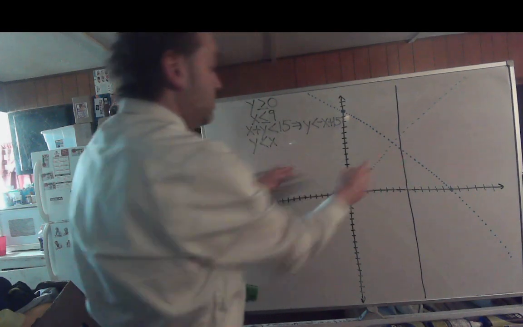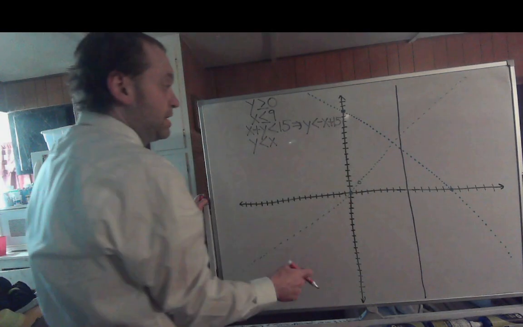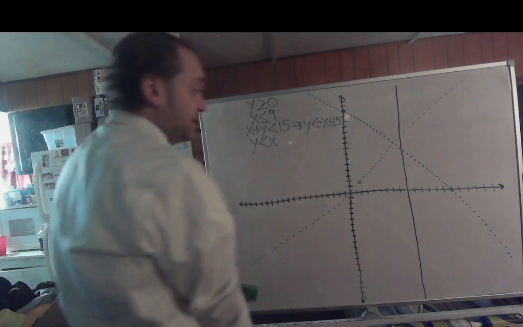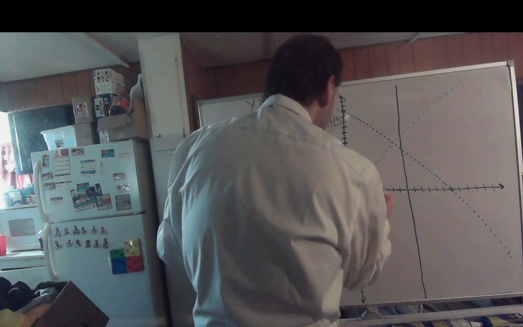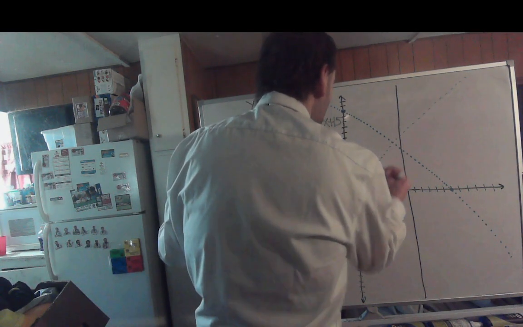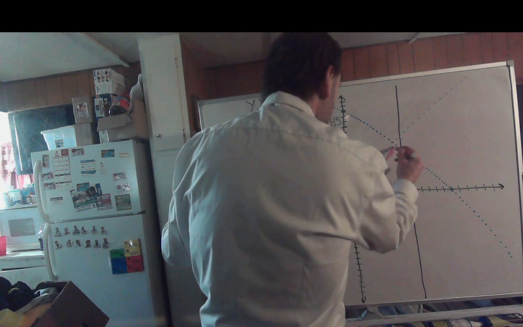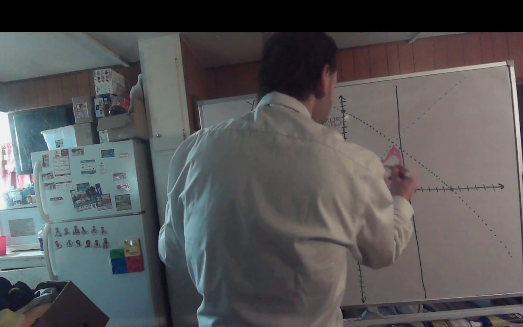And then we got that y is less than x, which would be below the green dotted line. So the only area that actually meets that criteria is going to be this region right here. A very small region meets that criteria.